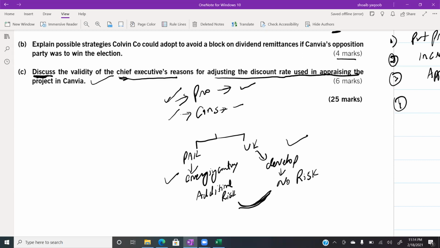Although if you're investing internationally, there is a risk, which we can call global risk.